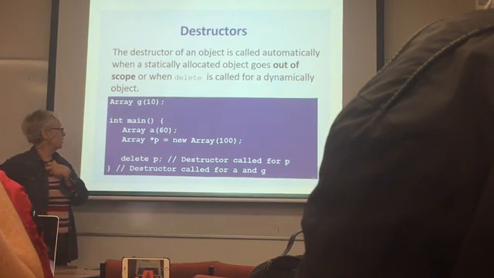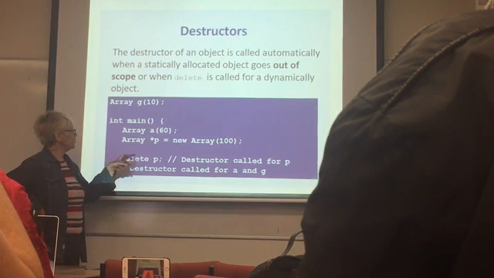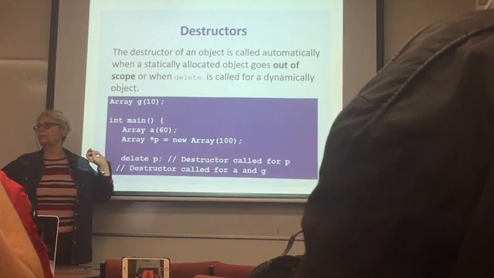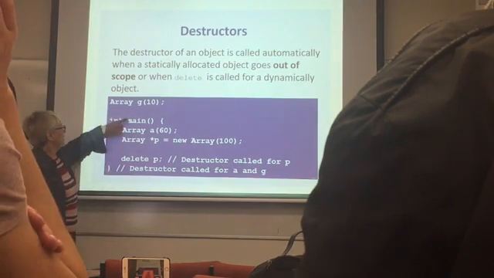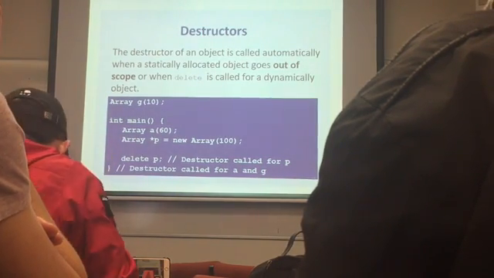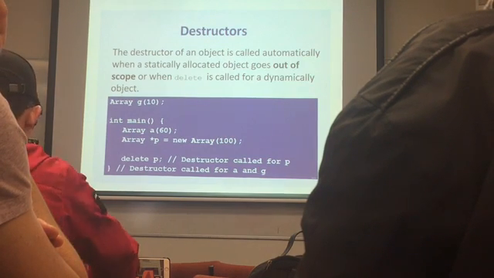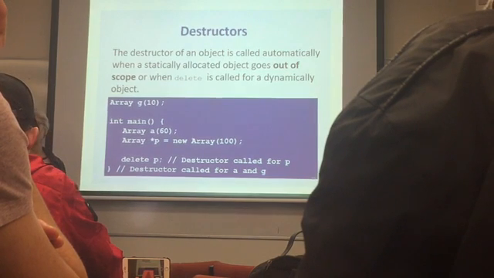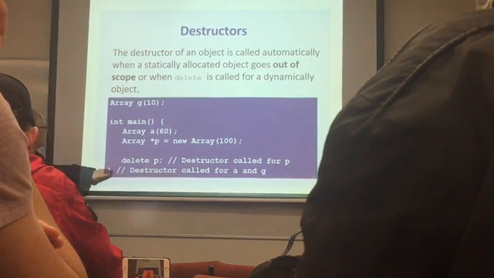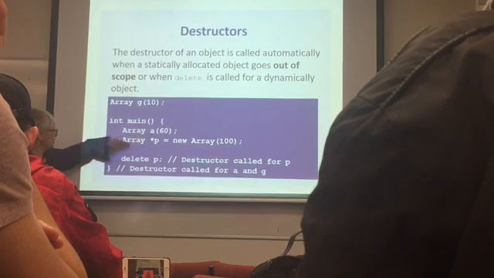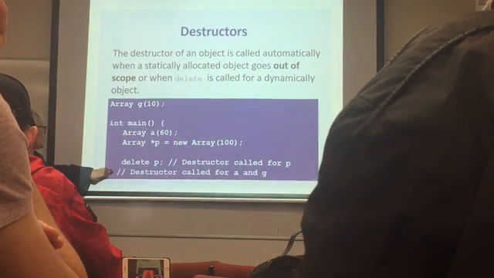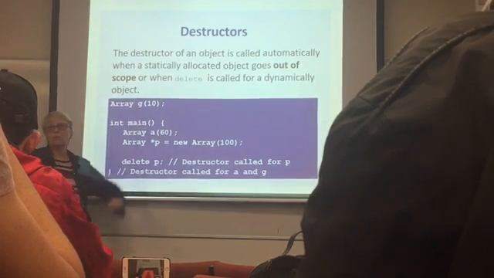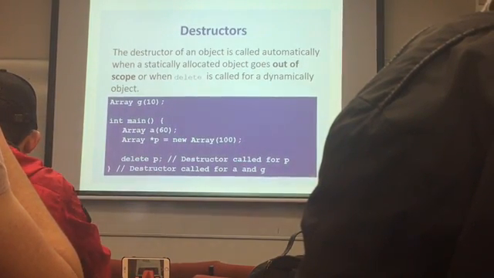What we are required to do is just call delete on this element inside main. All other destructors are called implicitly for us. So the destructor for A is called here, before the function main ends, and after we finish running the function, the global variable destructor is called.